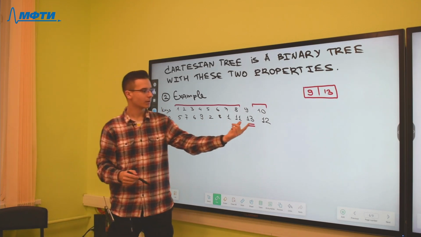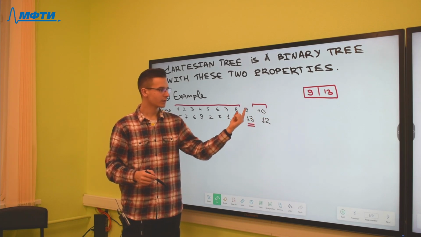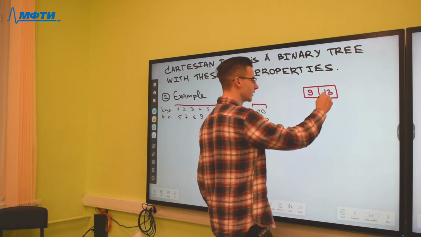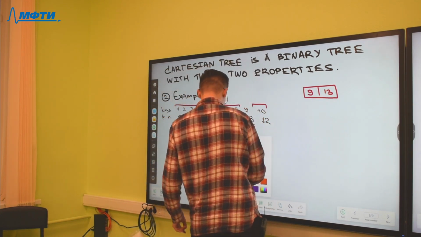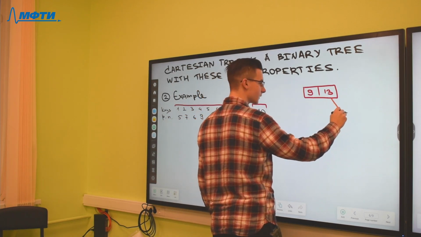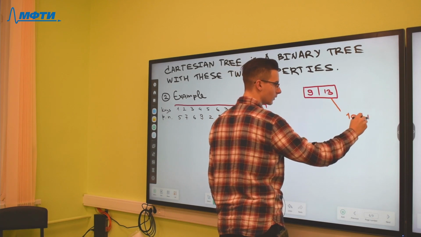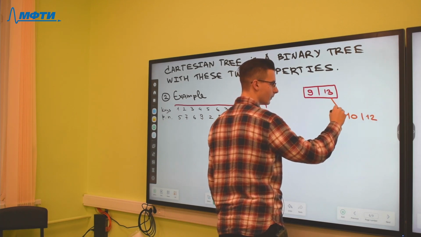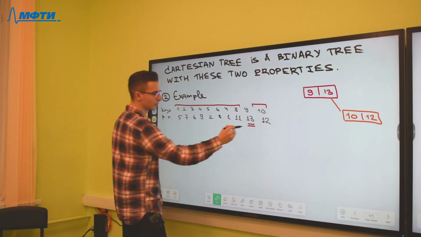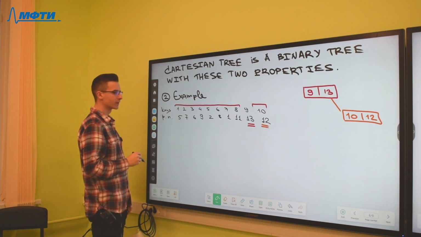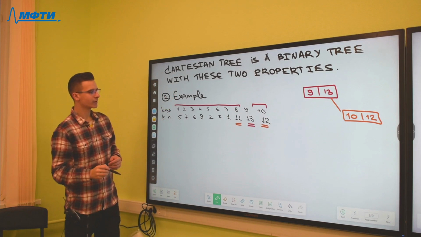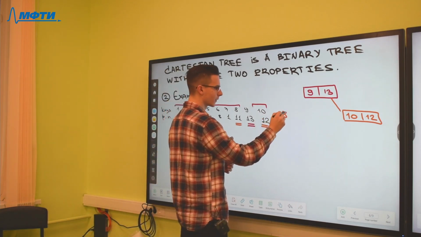I find the biggest priority number here, and I see that there is only one node, so I write it here. It is 10, 12. It is the maximum priority key. And here is the maximal priority key.